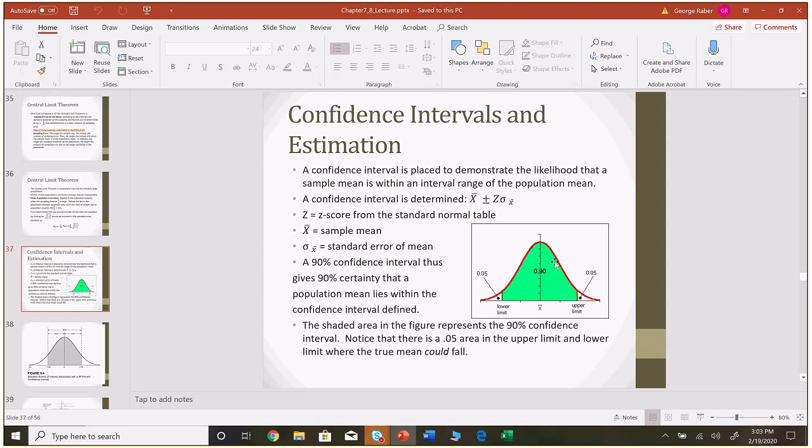And if I go up, I see it's 1.65. Okay? So 1.65 is the z value that's associated with a 90% confidence interval. So I would take 1.65 and multiply that by the standard error, and then I would add and subtract that value from the mean to get the confidence interval.